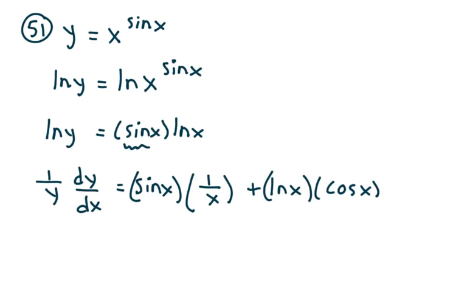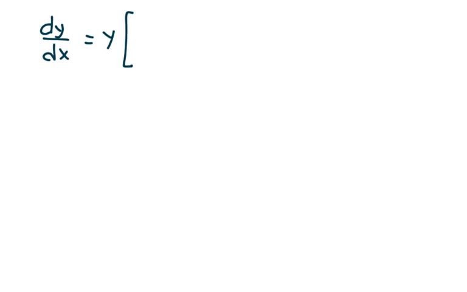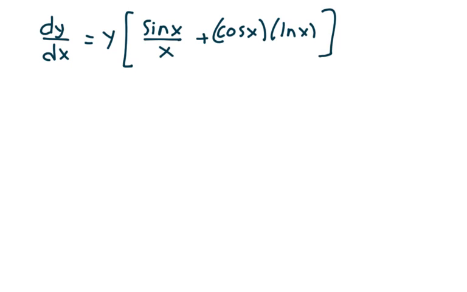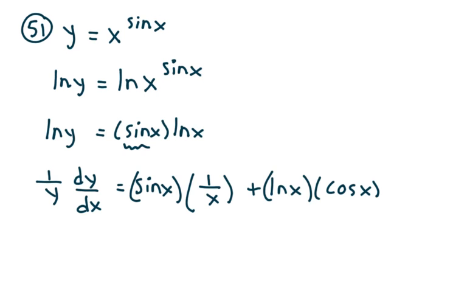Now, dy/dx, I'm multiplying both sides by y, so that's y times the quantity sine x over x plus cosine x times natural log of x. Let's double check. Yep.